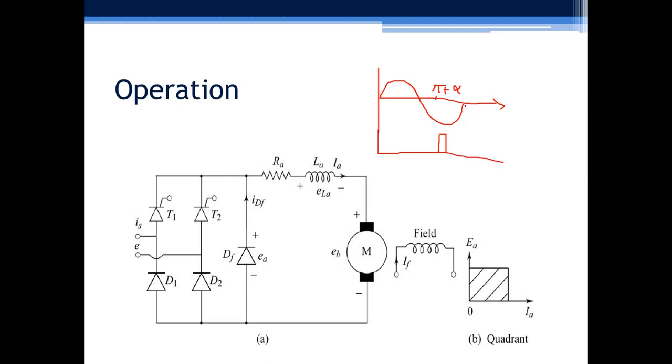So T2 and D1 will start conducting from this pi plus alpha duration to 2 pi duration. In this case the supply will have its negative polarity, so supply current will start flowing in this direction now. So supply current is flowing in opposite direction.